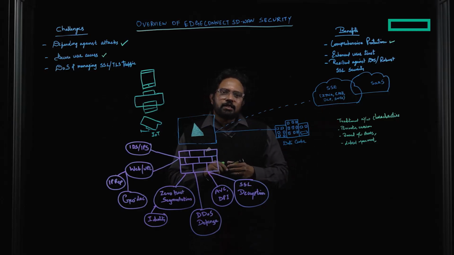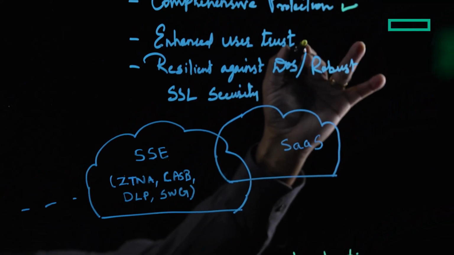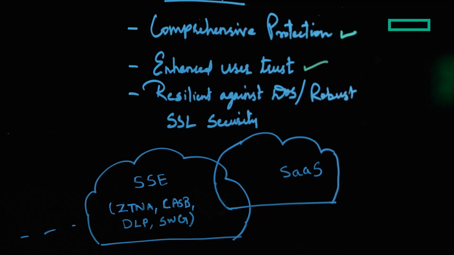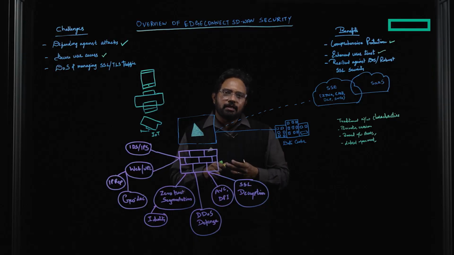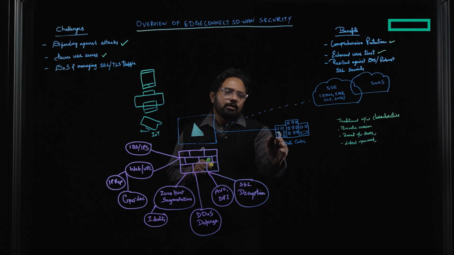So what do you get with this? You get enhanced user trust. The user can feel secure that at every step, their access to the application is safe and secure. You do not backhaul the traffic to the data center for inspection.